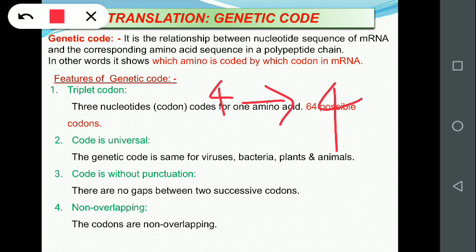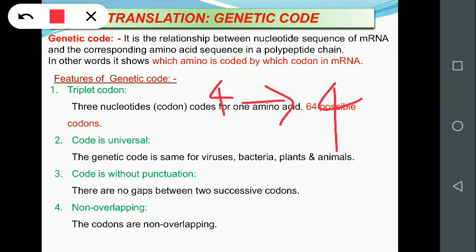So the number of codons must be equal to 20 or more than 20. Otherwise all the different amino acids cannot be coded by these codons. There must be a sufficient number of codons to code 20 different amino acids.